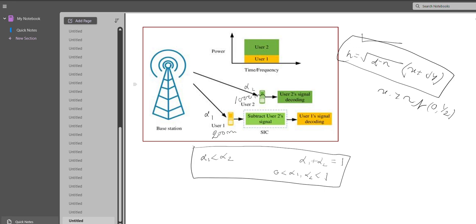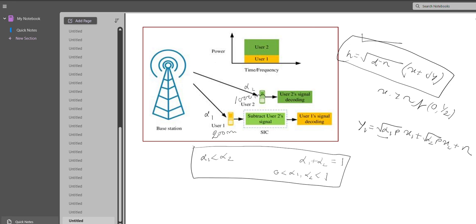Suppose the received signal at user 1 after channel equalization, y1, is sqrt(alpha 1 P) x1 plus sqrt(alpha 2 P) x2 plus noise, right?